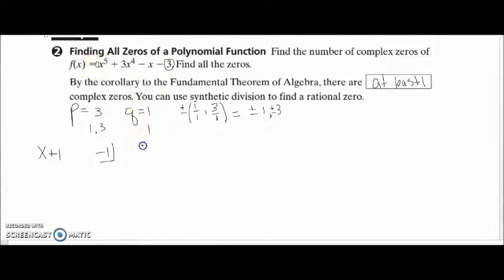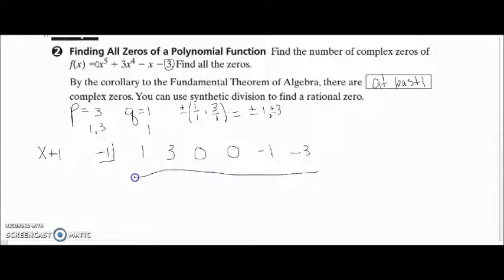The first coefficient is 1. The second is 3. Then we're missing a term, so we need to put a 0 here. That would be the exponent of 3. We are also missing an exponent of 2, so we need to put a 0. Then we need a negative 1. And finally, negative 3.